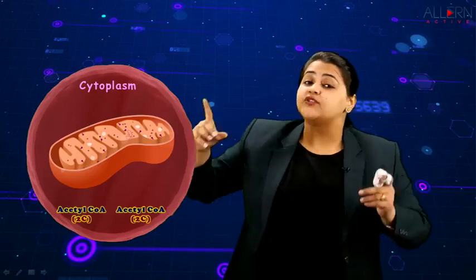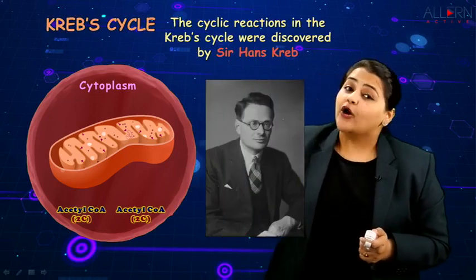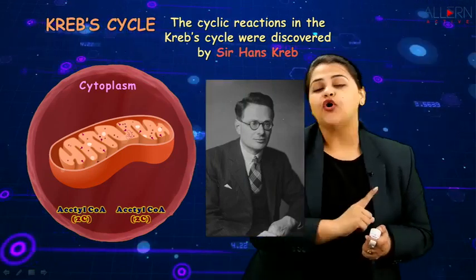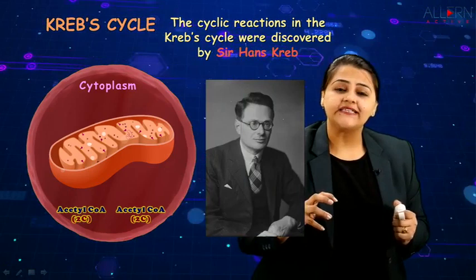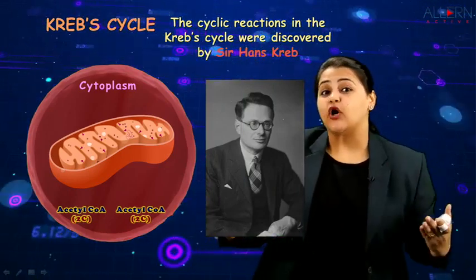Now when we go further, we have the second step of energy production. The first step was glycolysis, which took place in the cytoplasm. Now the molecules that they have formed will enter into the mitochondria and perform Krebs cycle. Krebs cycle is also called the citric acid cycle and the tricarboxylic acid cycle for an obvious reason that we'll be talking about later.